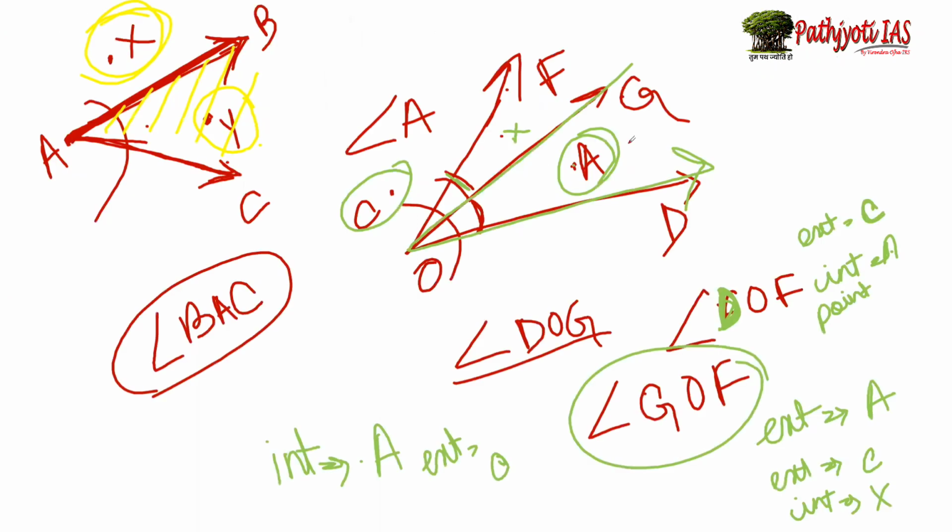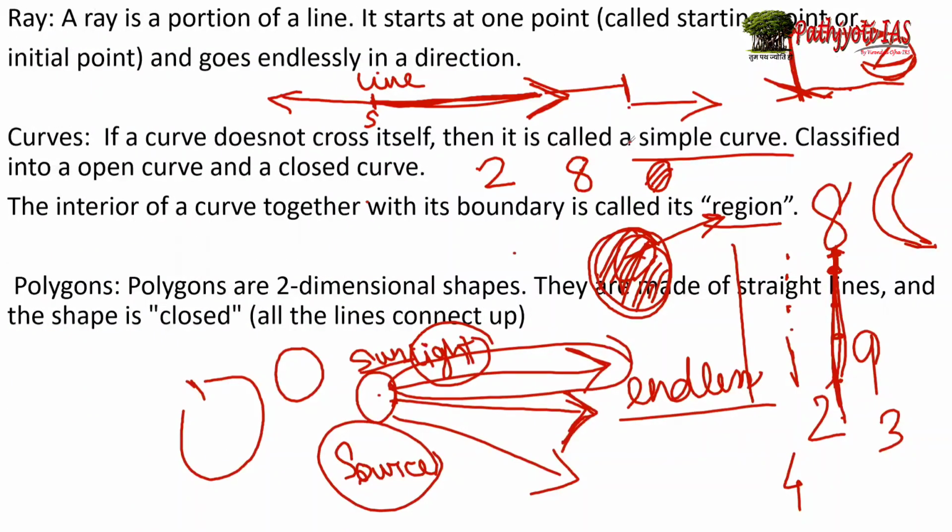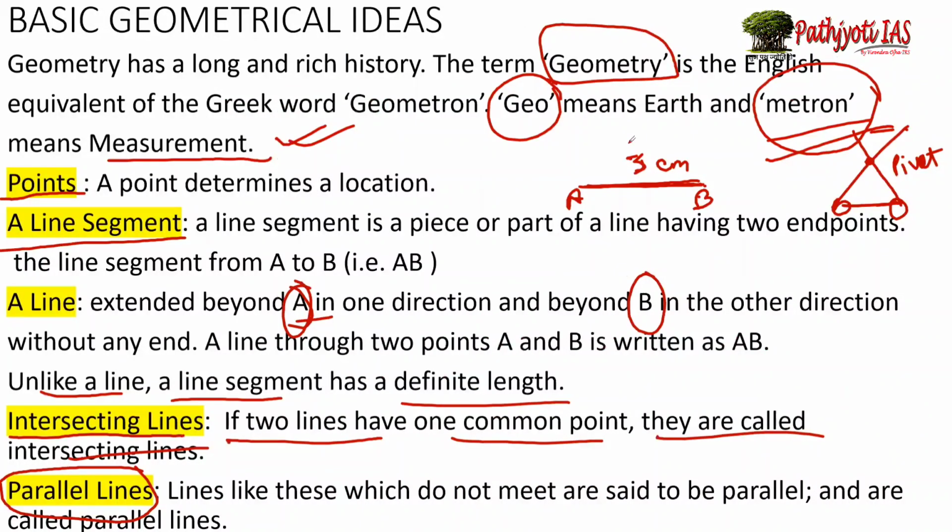We covered what a point is, then lines, then what a line segment is. Thereafter, intersecting lines, the point where two lines meet each other. Then we also understood parallel lines, the lines which never meet. All of these we were understanding.